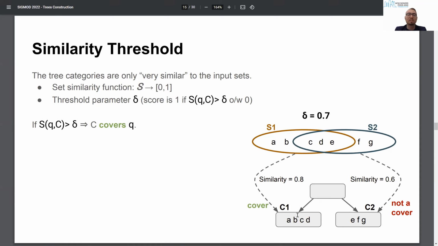So you will get a score of 1. Otherwise, if the similarity is lower, in this case only 0.6, it doesn't cover, because it's below the threshold. So this is, again, an example of a different similarity function. More details about the similarity functions and their adaptation can be found in the paper.